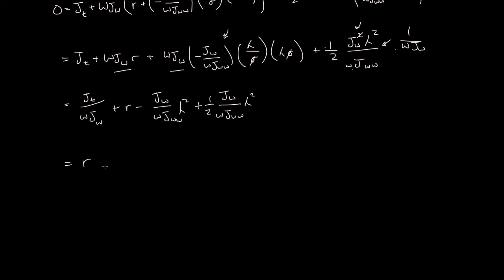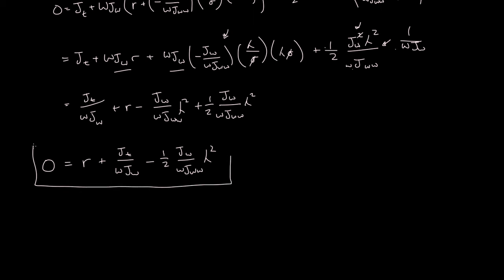So our final answer will be r plus J_t over W J_W minus 1/2 J_W over W J_WW lambda squared equals 0. And this is our differential equation that gives us the optimum wealth.